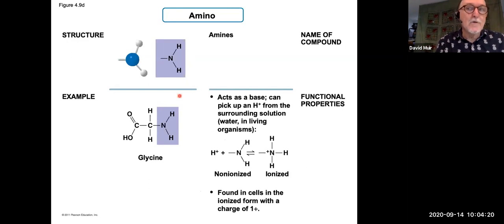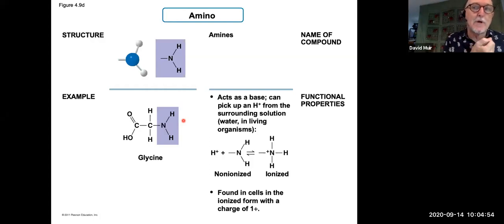This is an amino group, and this is a nitrogen. This would be attached to carbon somewhere in the molecule, but here the amino group is NHH, so it's NH2 there. This actually acts as a base, and the reason it acts as a base is because it pulls an additional proton towards it from the water. So it removes a proton.